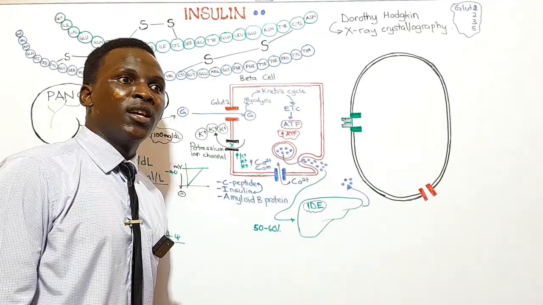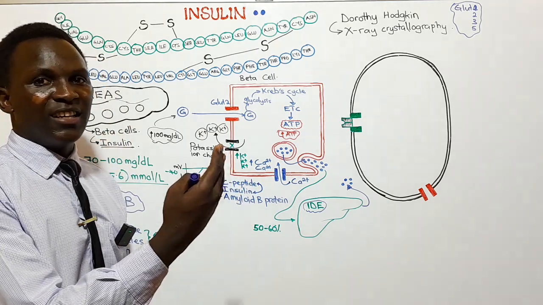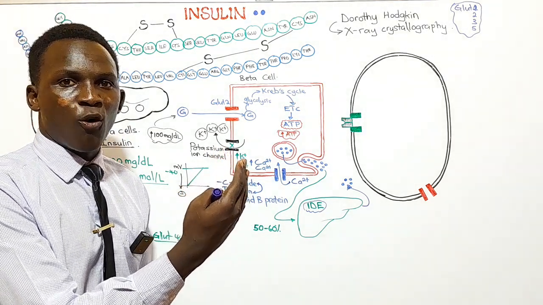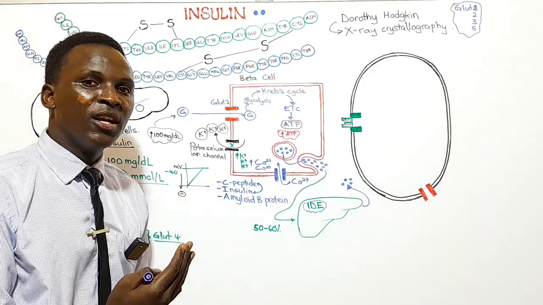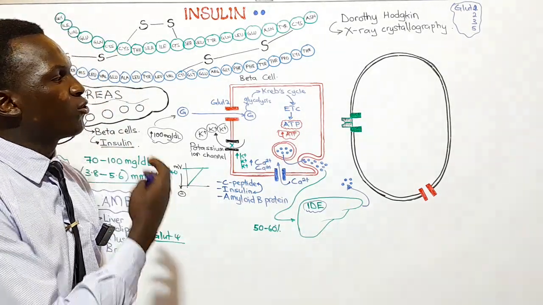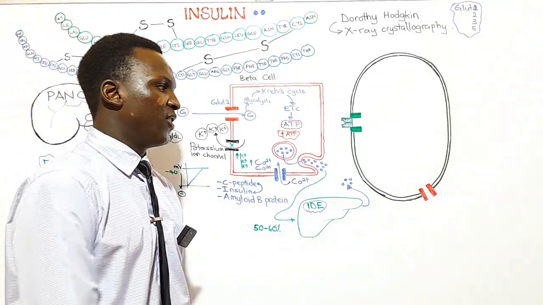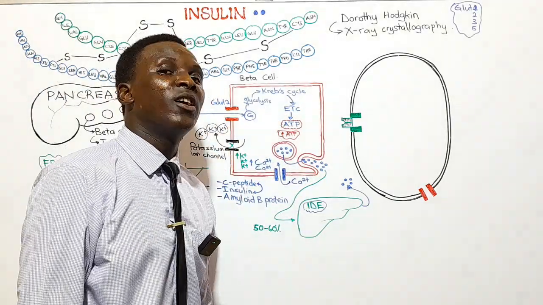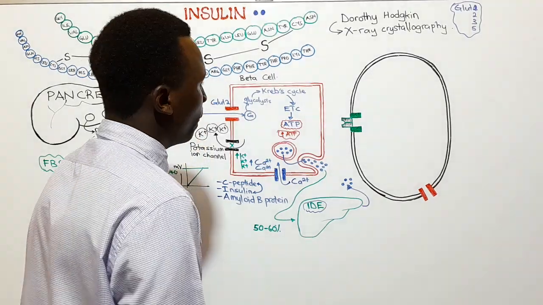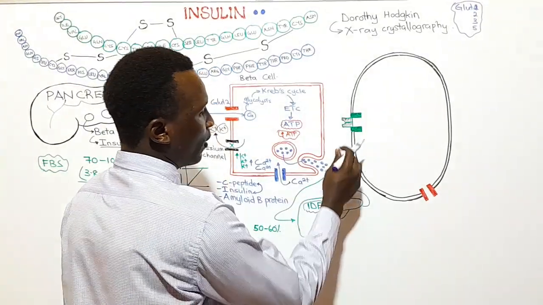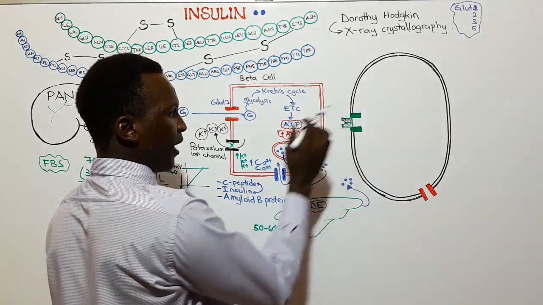In enzymology, we talk about the mechanisms of enzyme activity, such as the induced fit or the lock and key hypothesis. So this will be like a lock and key hypothesis that triggers different intracellular reactions within that specific cell.